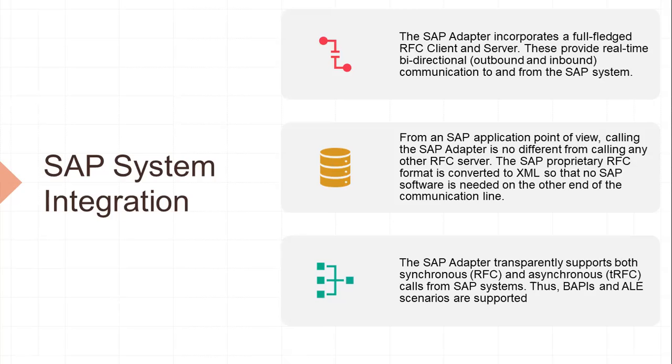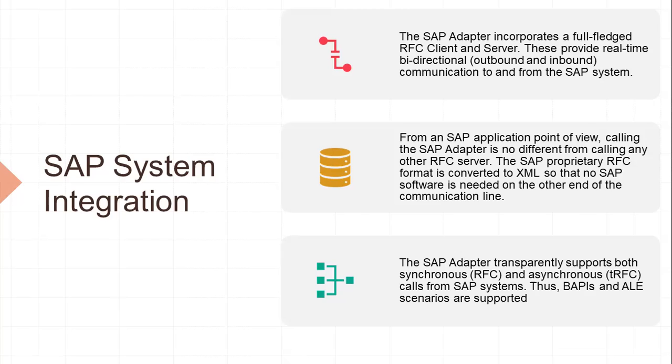From an SAP application point of view, the SAP adapter call is just another RFC server, so they'll just invoke it. As I said, the SAP adapter supports both asynchronous and synchronous RFCs. Using this, they can invoke all the functions or services.